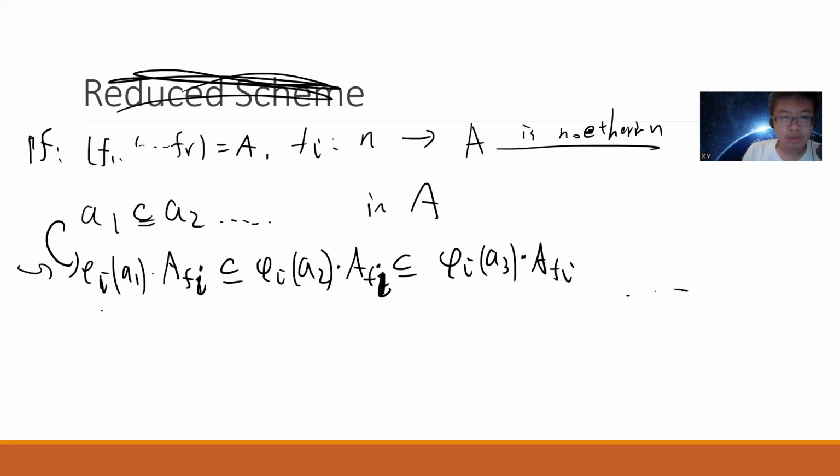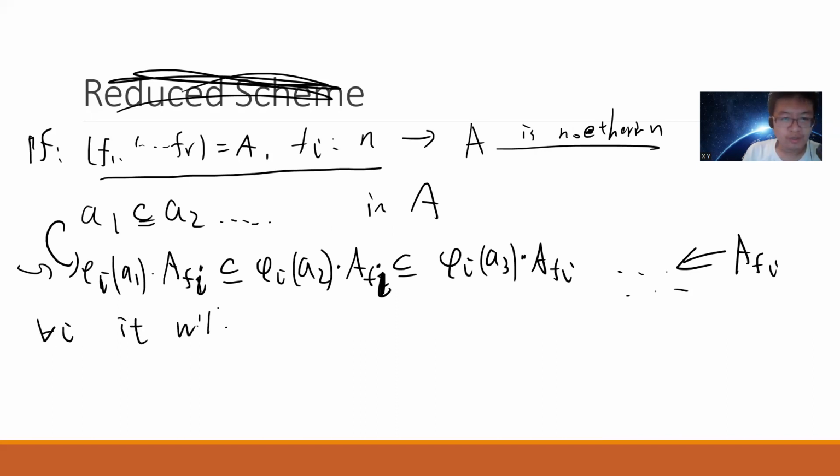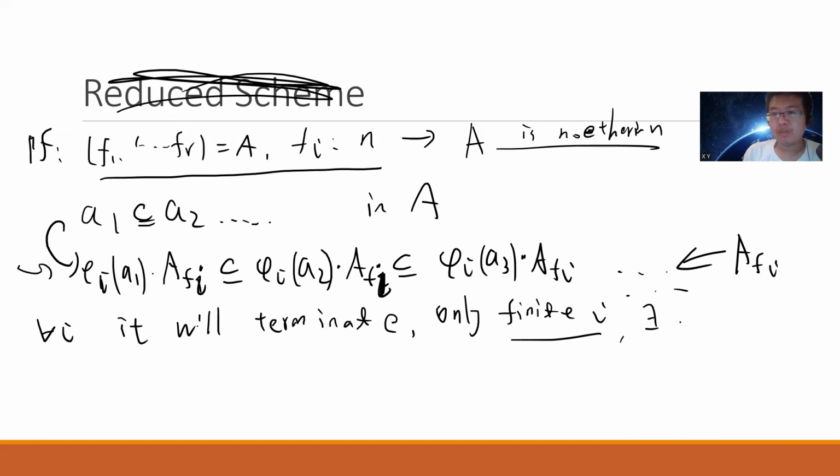notice that this is an ascending chain of ideals in A_{f_i}. So this means that for each i, it will terminate. But there are only finitely many i. So there must exist some large enough number such that after that number, every such ideal will terminate.